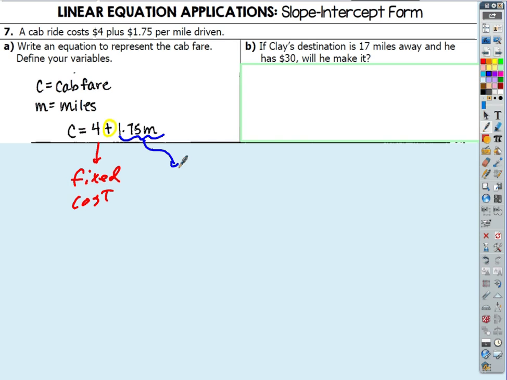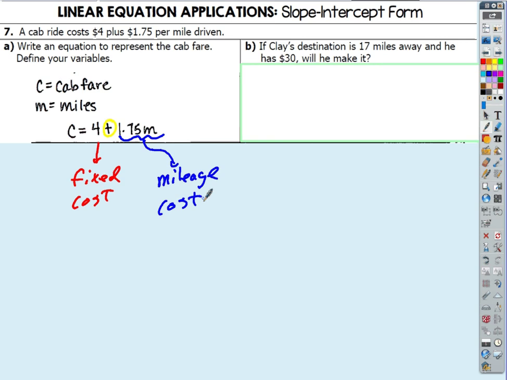Okay, so like the cost per mile times the number of miles. So what could we call that? We could call that the mileage cost or something like that. Does that make sense? So this is the part of the fare that depends on how far you drive. This is the part that is the same for everybody, no matter how far you drive. Does that make sense? Okay.